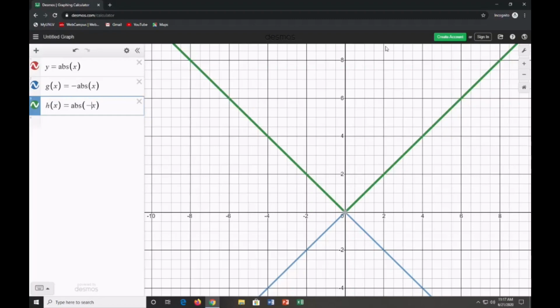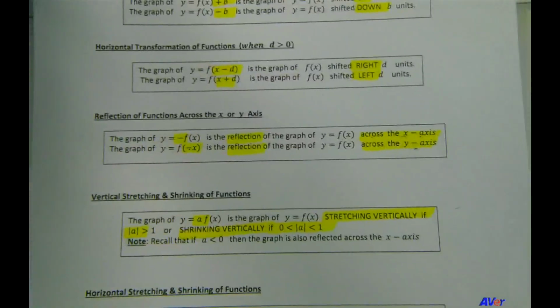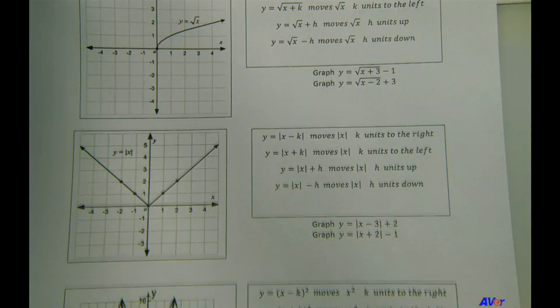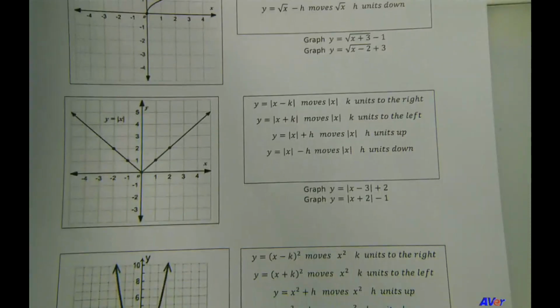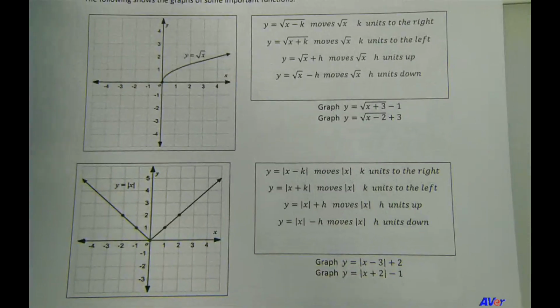So let's go back to our worksheets on the dock camera. Now that we've talked about all of this, as you read this front page, you know exactly what it's talking about. And here on the second page, on the computer and on paper, we've talked about all of this. I'm going to post this on Canvas, but all the examples that you see here, we've gone through similar ones on paper and on the computer.